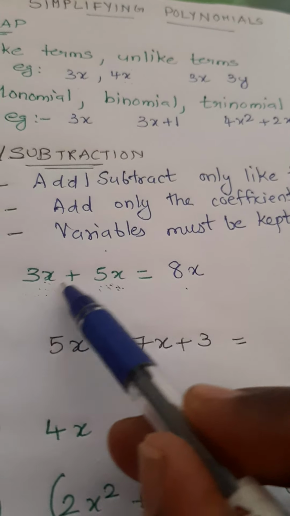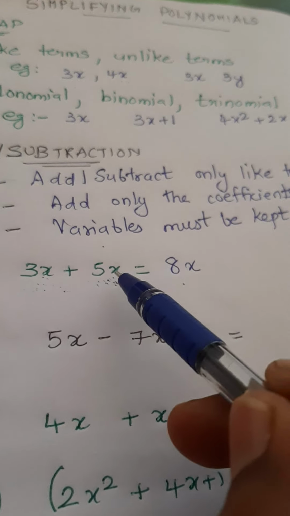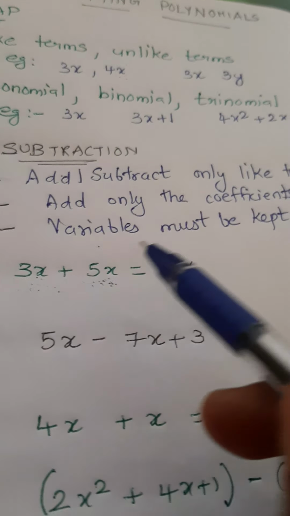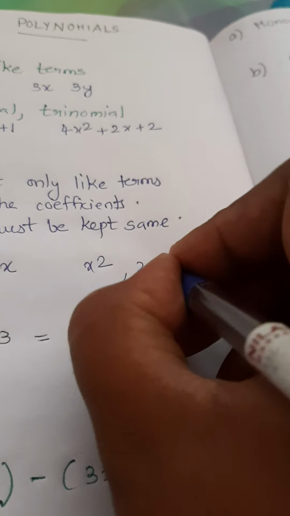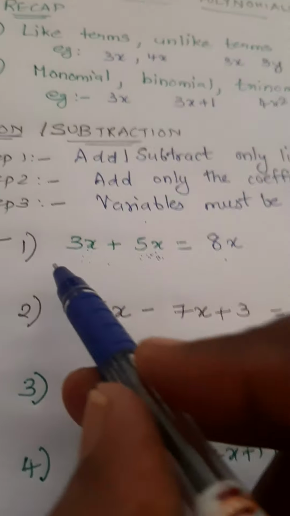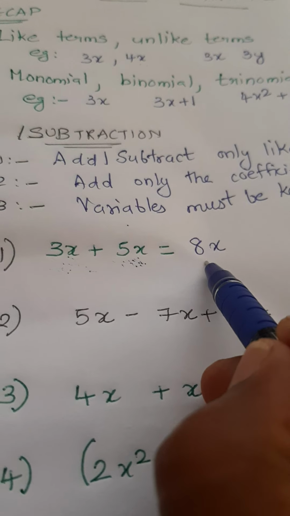You should not add x like x plus x is 2x and 3 plus 5 is 8, so 8 into 2x. No. Or you cannot even add x plus x as x square. So this is a wrong method. You have to add only the coefficients. So 3x plus 5x will give you 8x. Okay.